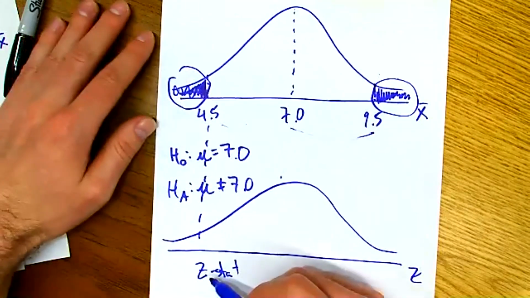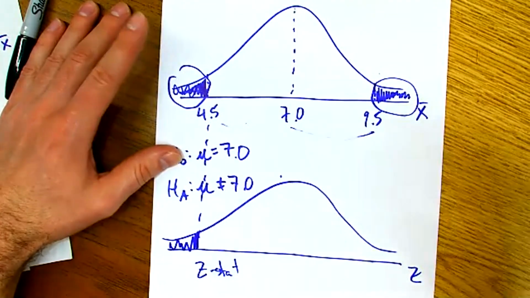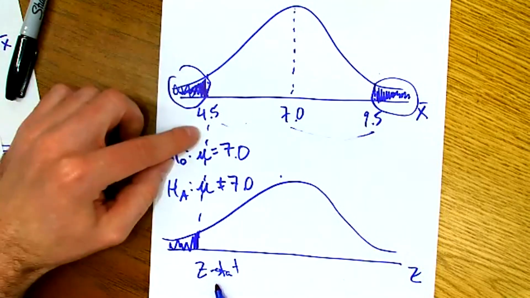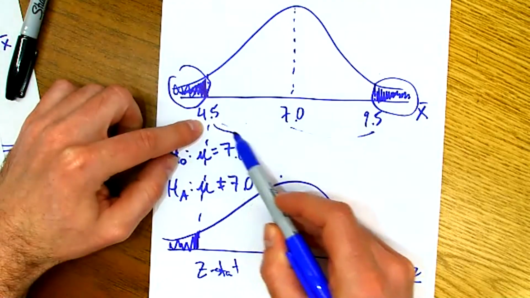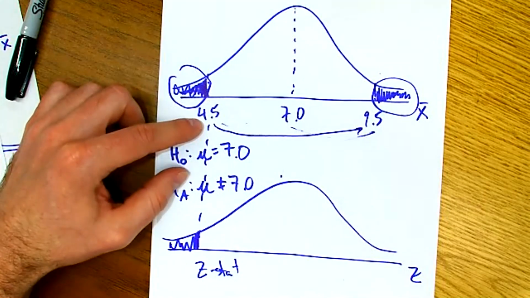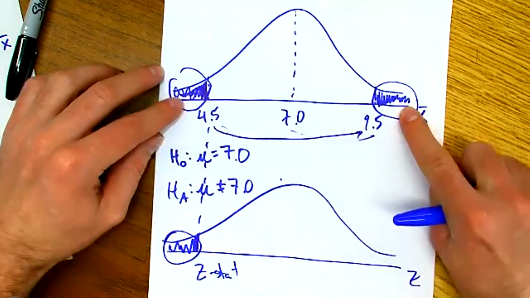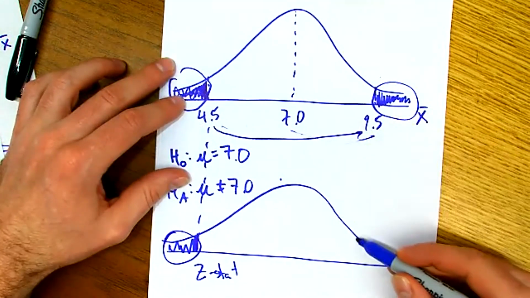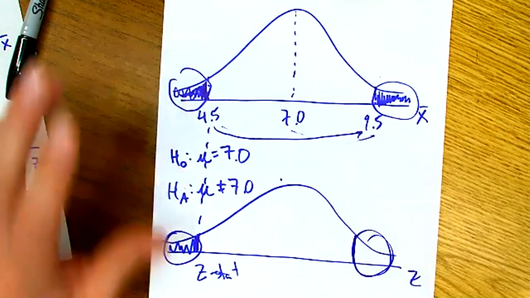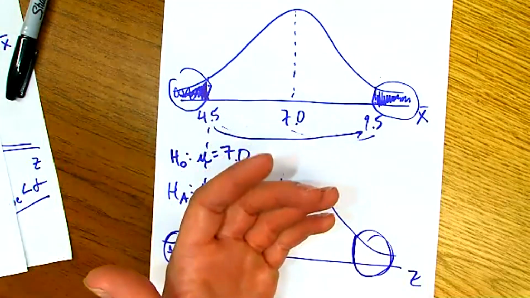So I can find my test statistic and the area to the left, but I have to remember it would have been just as likely that I would have seen a sample mean value that went against the null hypothesis on the other side. Once I find this area, I know there's an area on the right-hand side that's exactly the same size, a symmetric distribution around that mean.